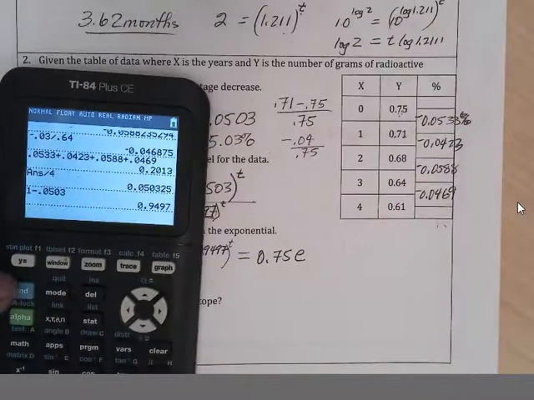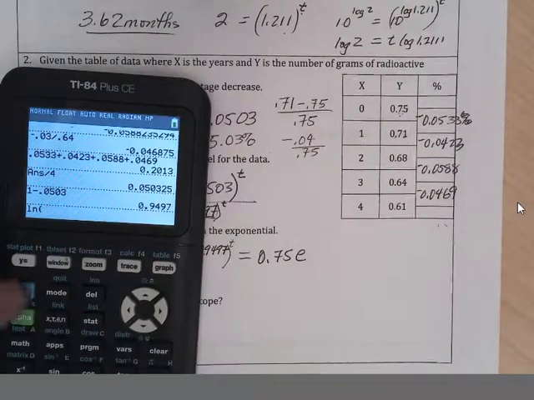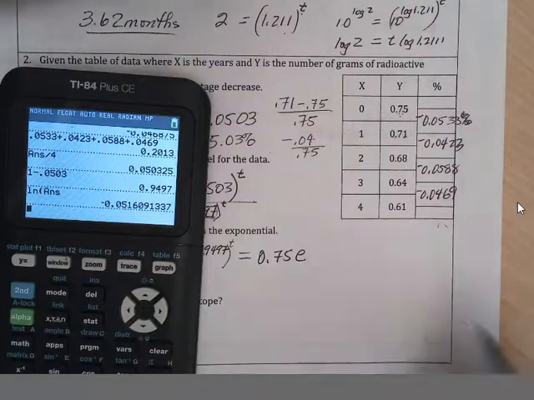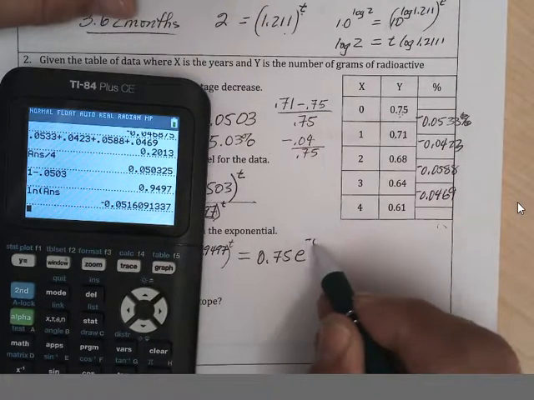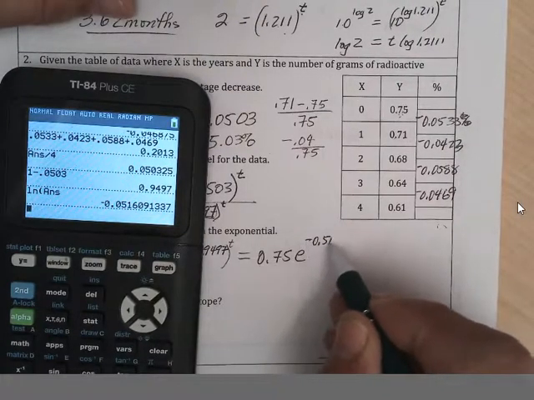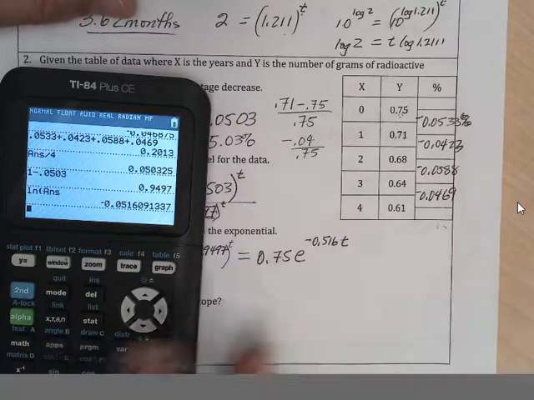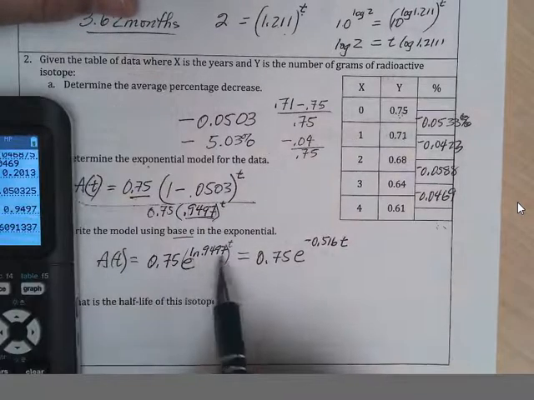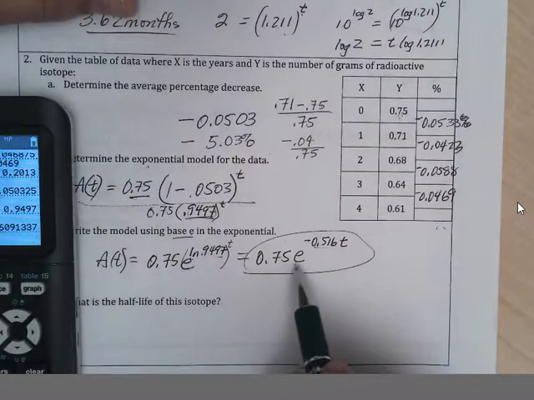So I want to do ln of that last answer, and it's negative 0.516 t. ln of that is this. And so now we have it a base e model.